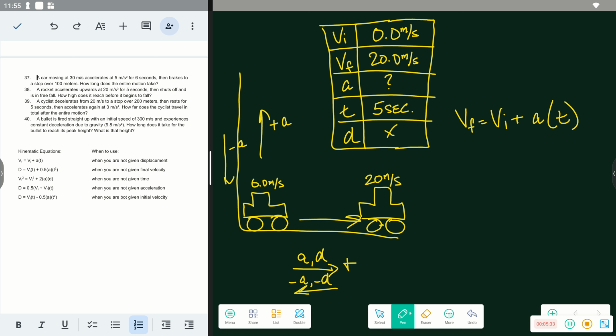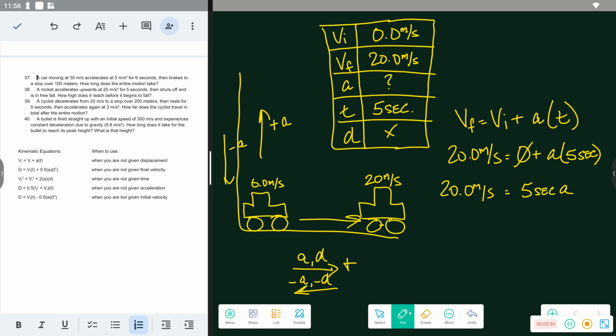Now you just substitute. 20.0 meters per second equals, what's your initial velocity? 0 plus A times T. T is 5 seconds. So condensed down, 20.0 meters per second equals 5 seconds A, if we're keeping the units in. How do we get A by itself?